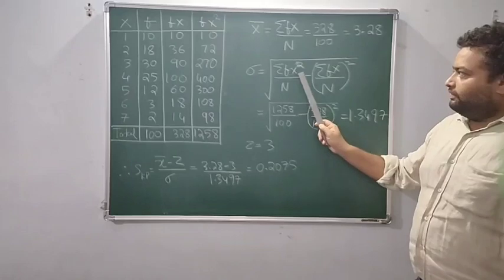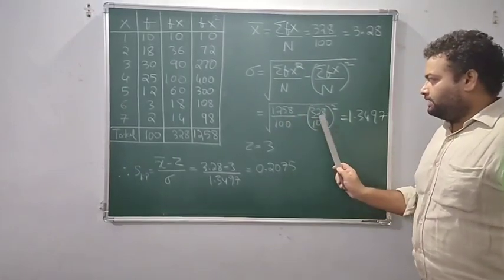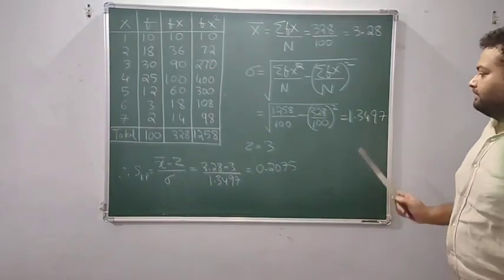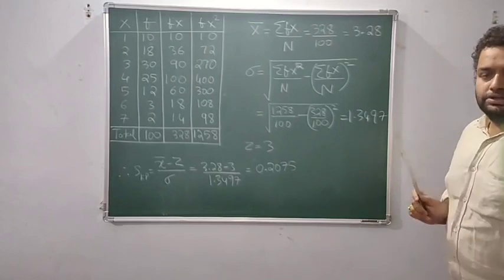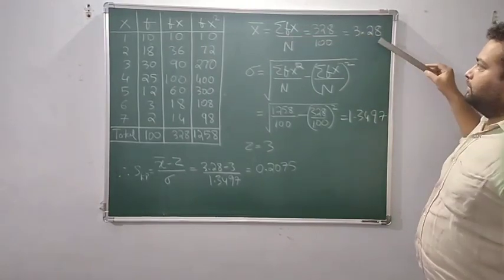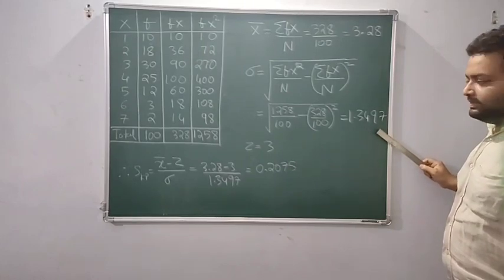So summation of fx square by n is 1258 divided by 100 minus 328 by 100 whole square, which finally results in 1.3497.